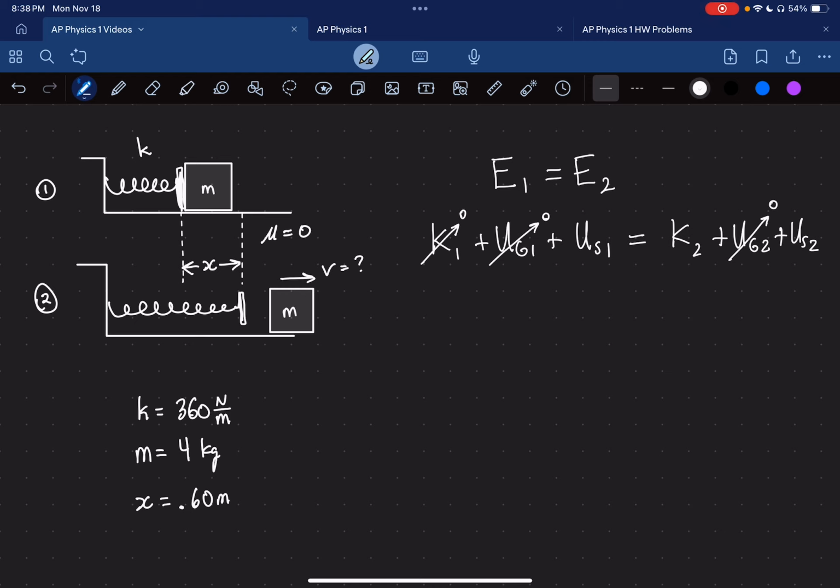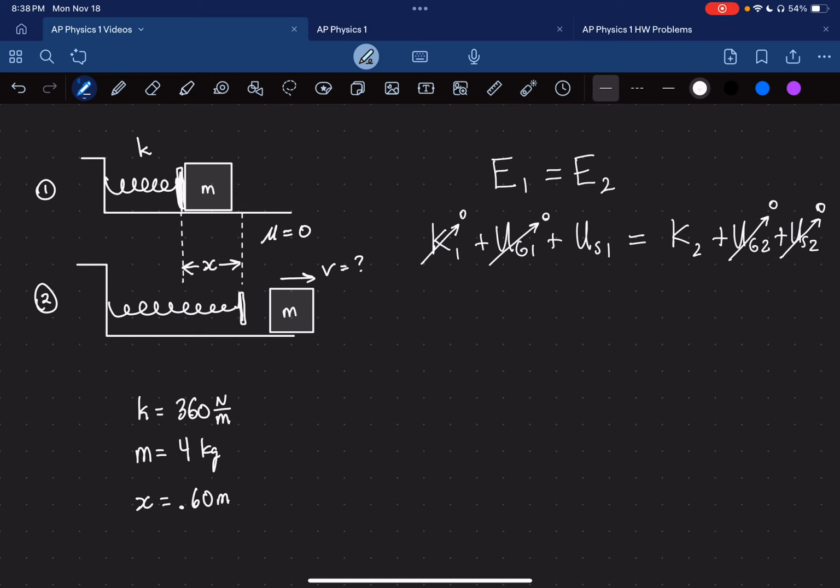Now, there is spring potential energy in position 1, but in position 2, there is no spring potential energy. That spring is not compressed. And so, quite simply, the spring potential energy will be converted or transformed, is a better word, into the kinetic energy of the block later on.